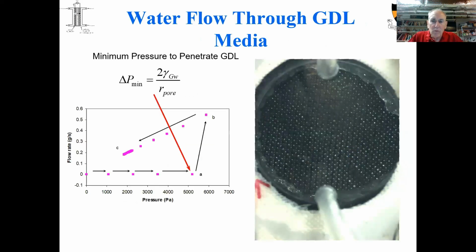What we found was that as we increased the hydrostatic head, there was no flow until we got to a critical hydrostatic head. And then we saw water come through. And if you look on the right, the water comes through a single point all the time. It just keeps coming through that same point over and over again.